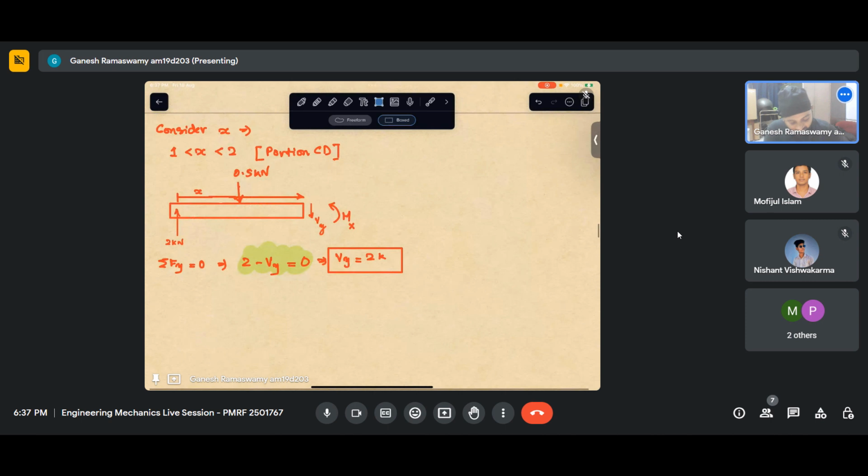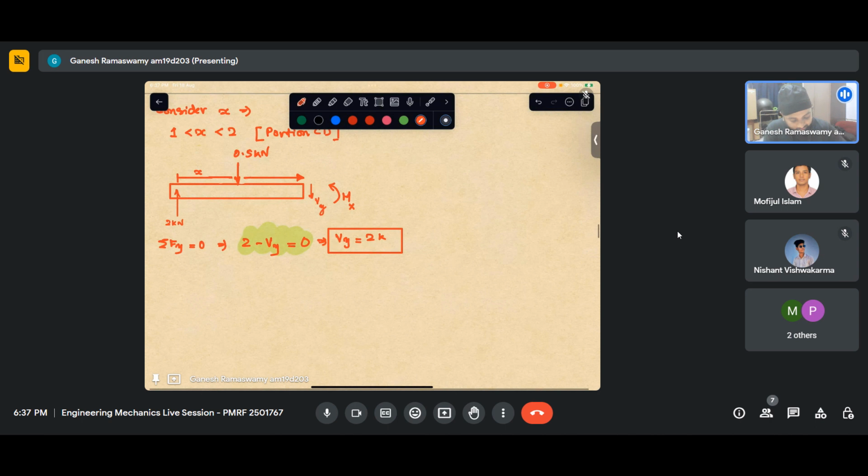Now again we have to do the same drill. Let me just draw this a little more clearly. So now if I take sigma Fy equaling 0, what do I get? I get 2 minus 0.5 minus Vy equaling 0, which gives me Vy equals 1.5 kilonewton.